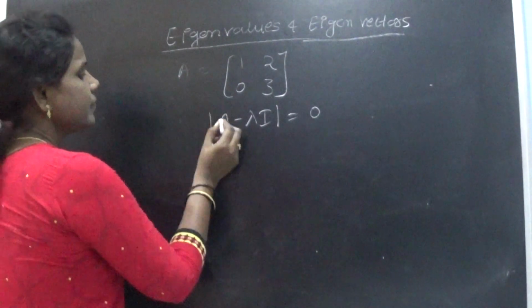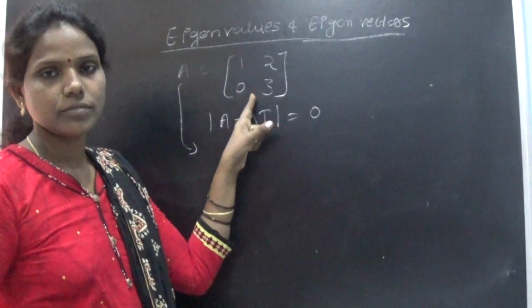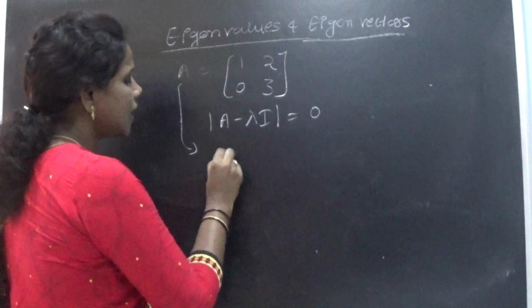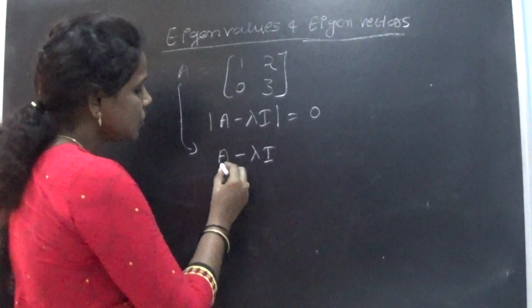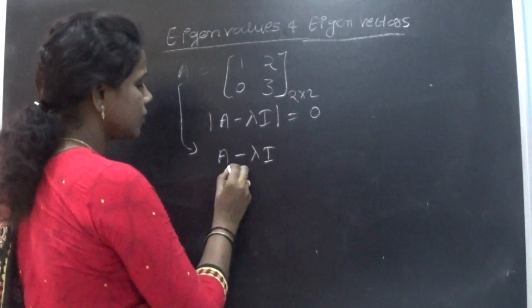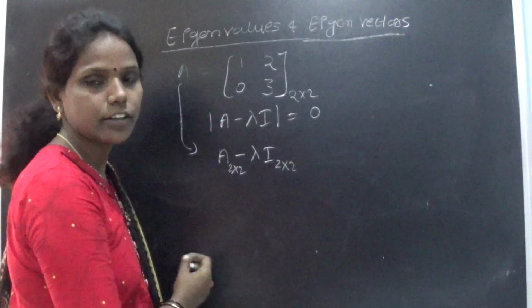Now for this matrix, I want to find the characteristic equation. First, let me find the A minus lambda I matrix. For the given matrix, the order is 2 by 2, so I is also the 2 by 2 identity matrix.